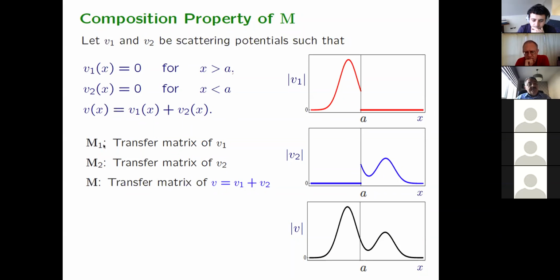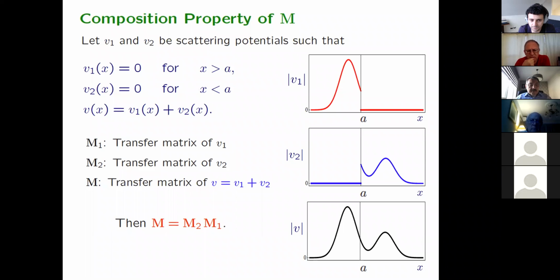All these 3 potentials are scattering potentials, so I can associate to them transfer matrices, which I call M, M1, and M2. Then it's very easy to show that the transfer matrix of the sum is the product of the transfer matrices of these component potentials. And the order of these 2 matrices has to do with the order of the support. The support of V1 is to the left of the support of V2, so M2 comes first and then M1.